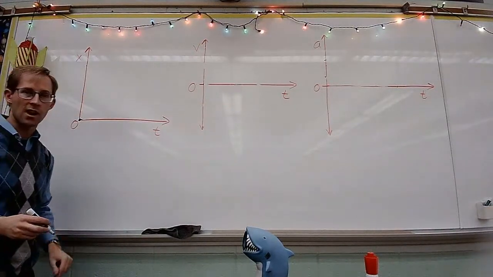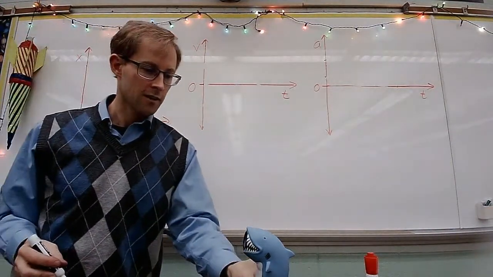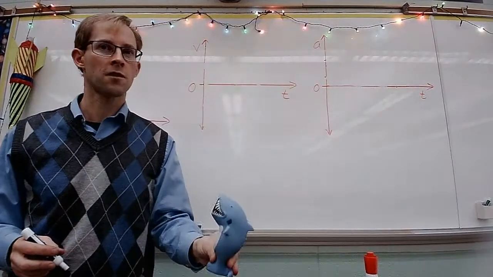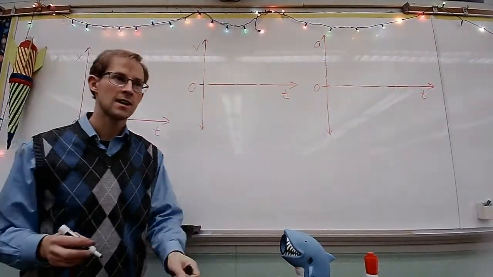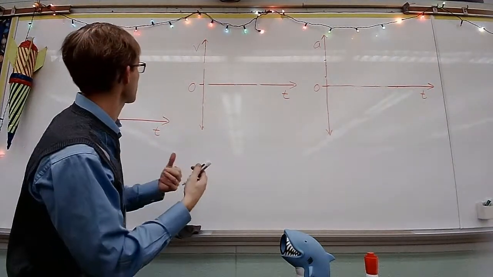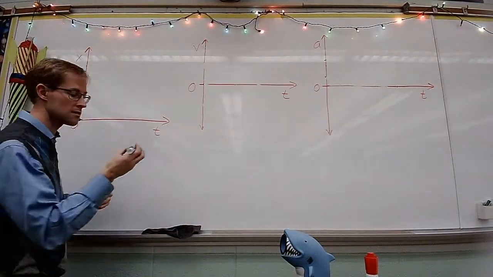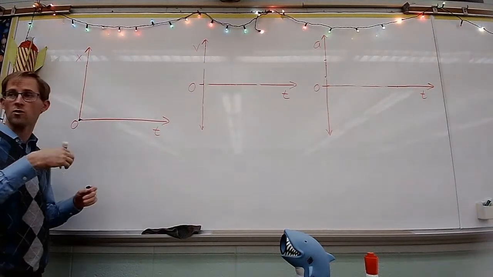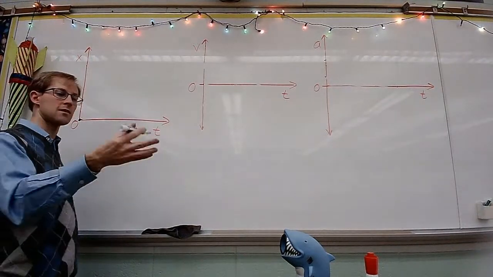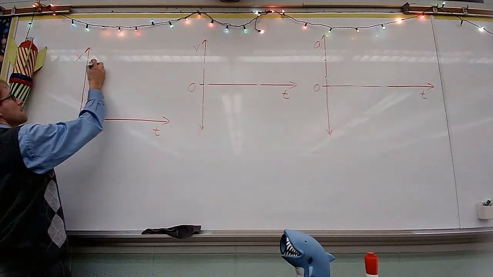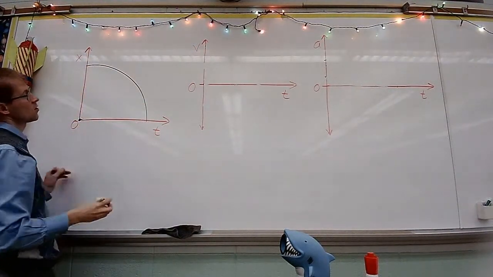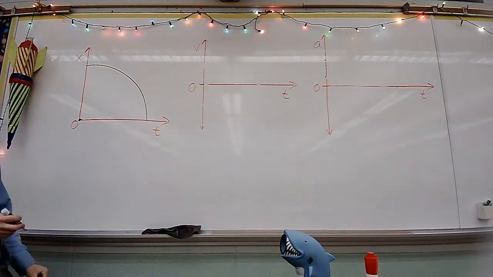As time went on, though, the shark had an ever-increasing velocity. And because he was going towards the origin, that's a velocity in the negative direction. So what that means is that our slope is going to grow in the negative direction because his velocity is growing in the negative direction. So it would look something like this.